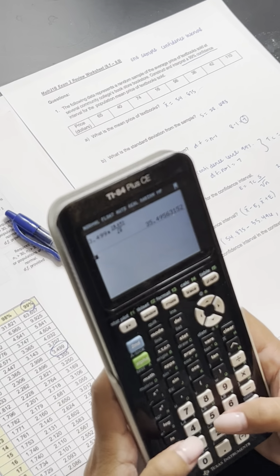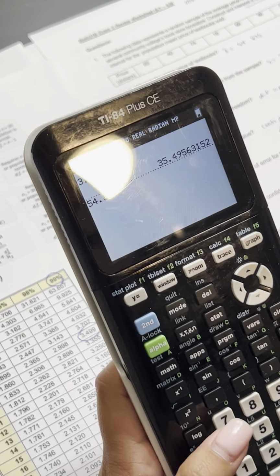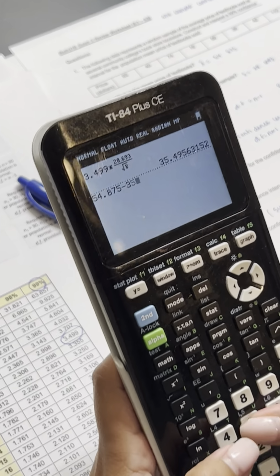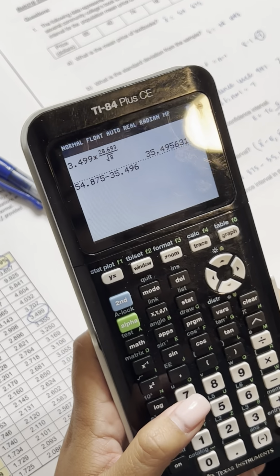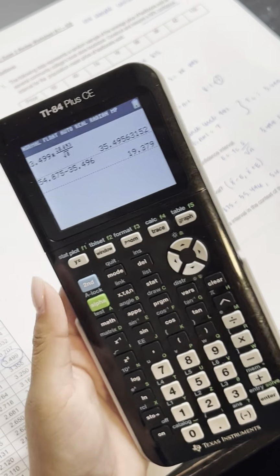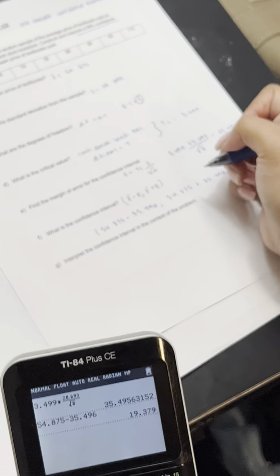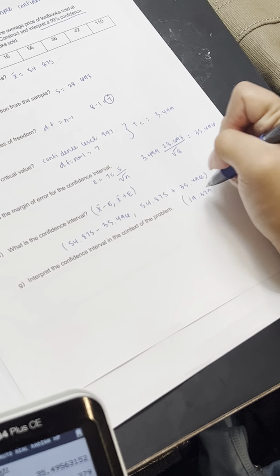We want to be careful with inputting these big numbers. Minus 35.496. Okay, and that's going to be 19.379. I don't have room over here, but I'm going to write it to the side: 19.379.